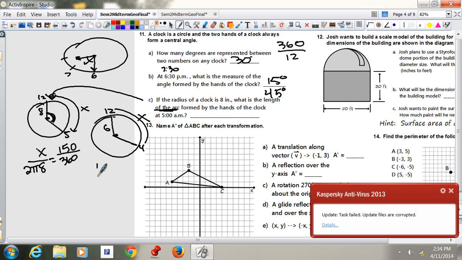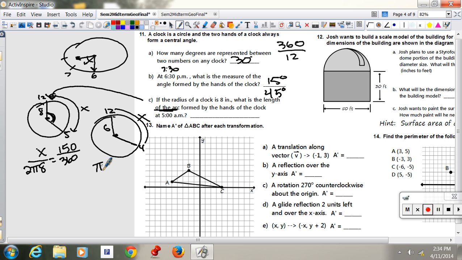This one for B and D was x over 2 times pi times 6, and it would be 120 over 360, because 4 30-degree angles would be 120. When you solve this first one, you get 20.9 inches. The second one was 12.6 inches. So that's how long the arc was.